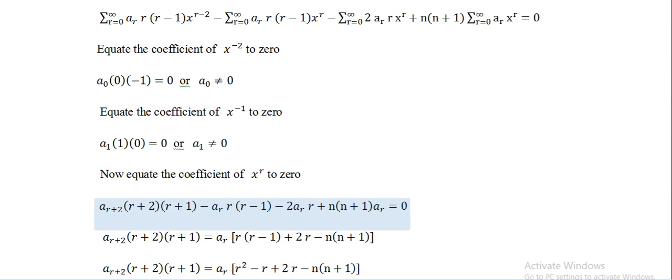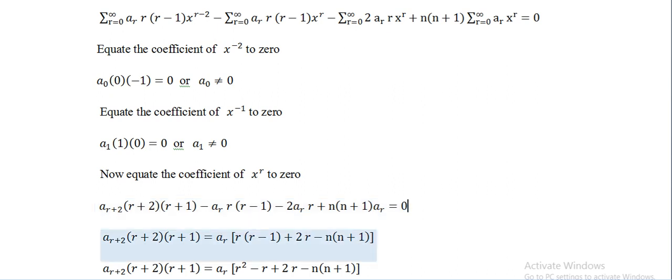Now shift the r minus 1 a_r, 2 a_r into r, and (n plus 1) a_r to the right hand side. So this becomes a(r+2) (r+2)(r+1). After shifting these terms to the right hand side, minus a_r becomes plus a_r, minus 2 a_r becomes plus 2 a_r, and plus (n plus 1) becomes minus n. So in these three terms, again the common term is a_r.